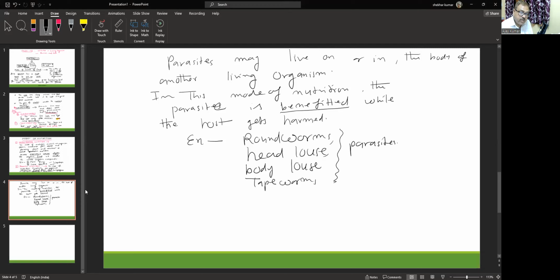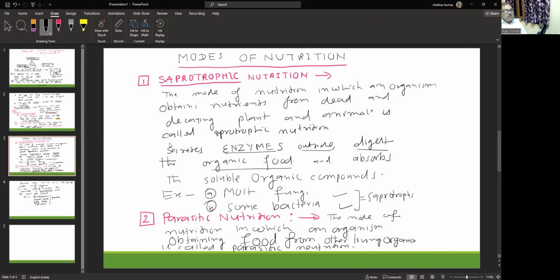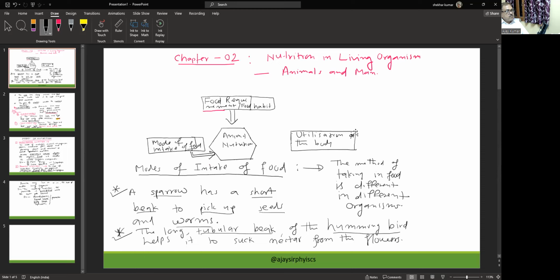So today's work is sufficient. You should revise all these terms about saprotrophic nutrition and parasitic nutrition, and also learn them and write them in your notebooks.